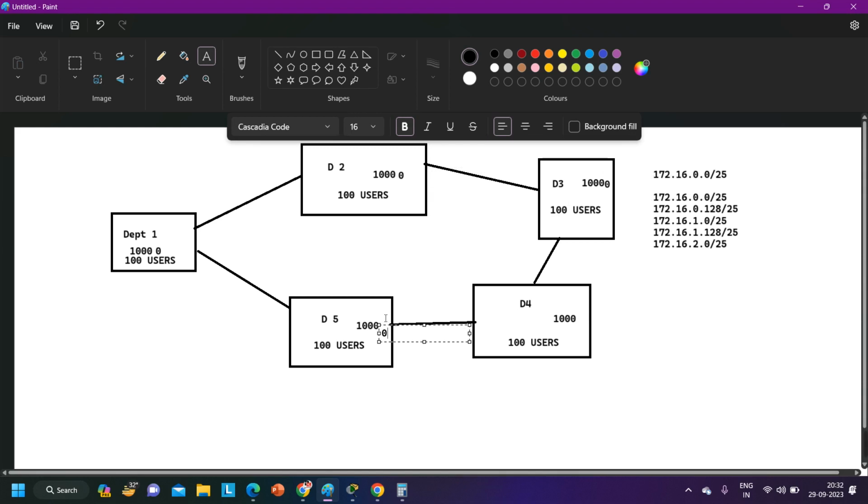Yes, I think we can, because we have 65,536 in total, and we need only 50,000 IP addresses, right? Sorry, 50,000 IP addresses. So we can use IP addresses from class B also.